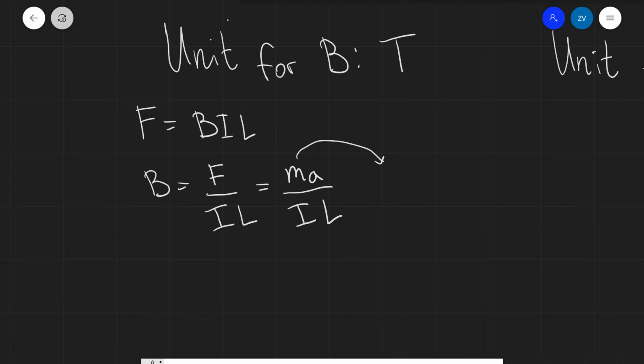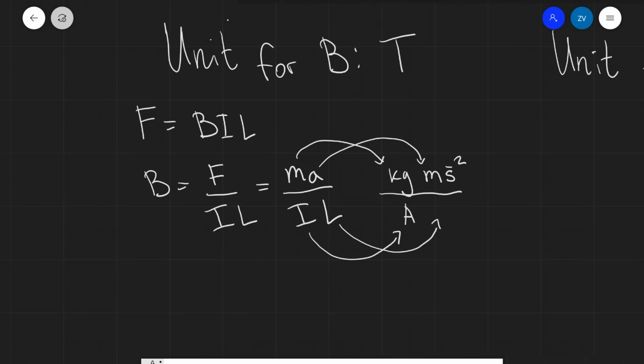Mass, of course, is given in kilograms. Acceleration will be given in meters, s to the power of -2. We're going to be dividing that by the units of current. Remember, current, the amp, is the base unit. It's a standard unit for current. So that's the base unit for the current. And of course, a meter is the unit for the length.